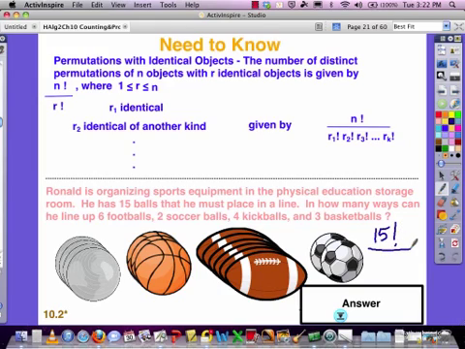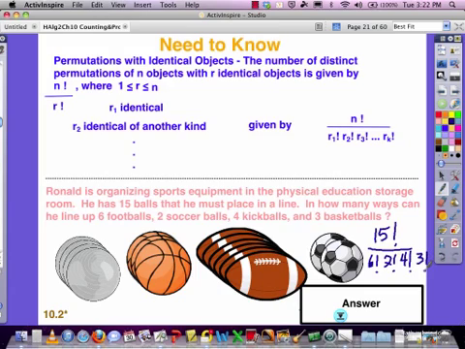But now start thinking, wait a minute, we have 4 different kinds of balls here, each of them in a different quantity. So we have 6 footballs. We have 2 soccer balls, repetitive. 4 kickballs, and 3 basketballs.